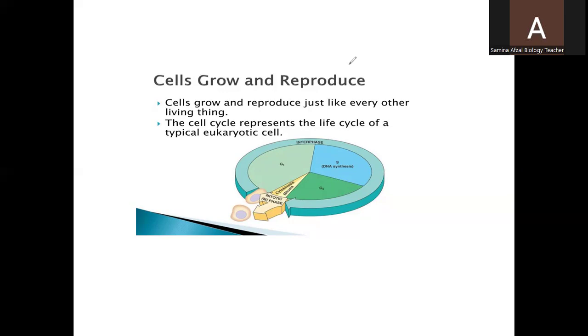So the cell cycle represents the life cycle of a typical eukaryotic cell, and a eukaryotic cell is that cell which contains membrane-bound organelles. The life cycle is divided into many phases, which are G1, S, G2, and phase M. G1 is gap one, during which the cell makes its RNA, enzymes and proteins which are needed for growth.